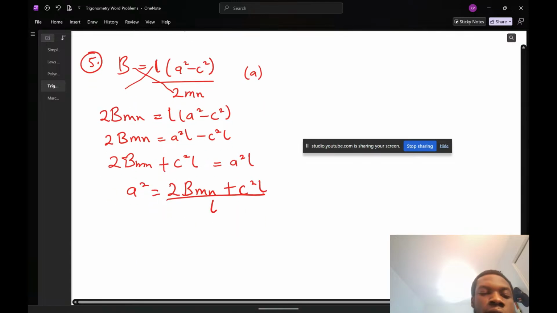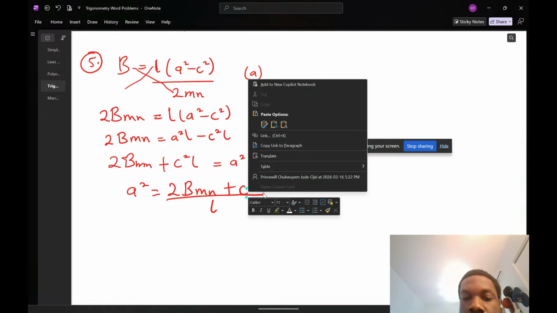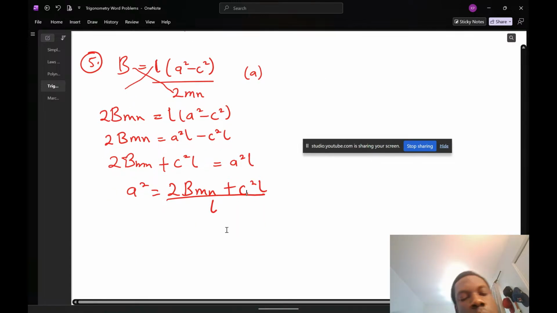Now we have not been able to get A. We are not able to make A the subject of the formula yet.